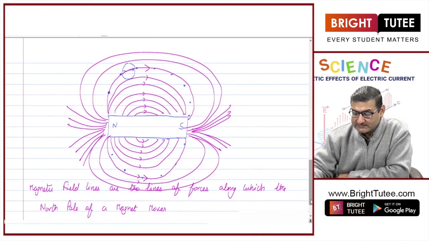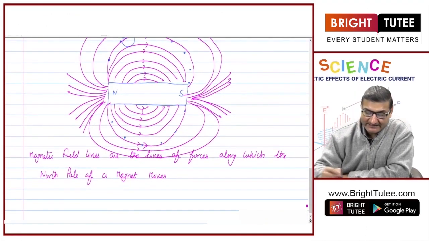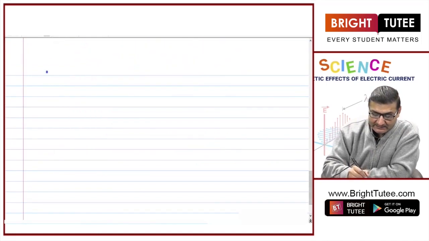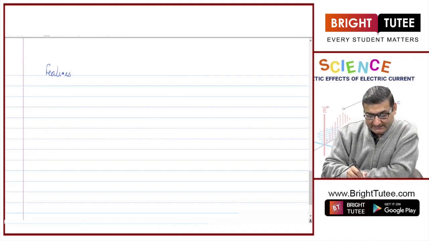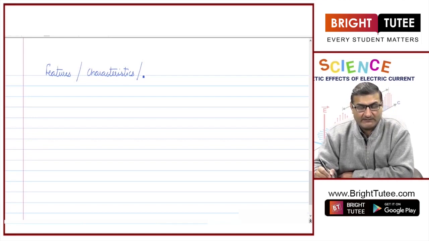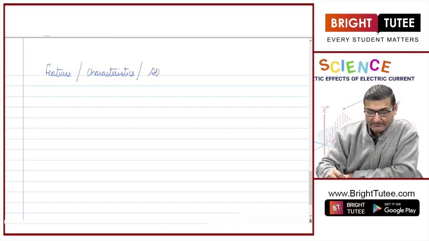Now, a few things about these magnetic field lines. Let us see. These magnetic field lines have certain features or characteristics, and one more word I would like to add here is attributes.